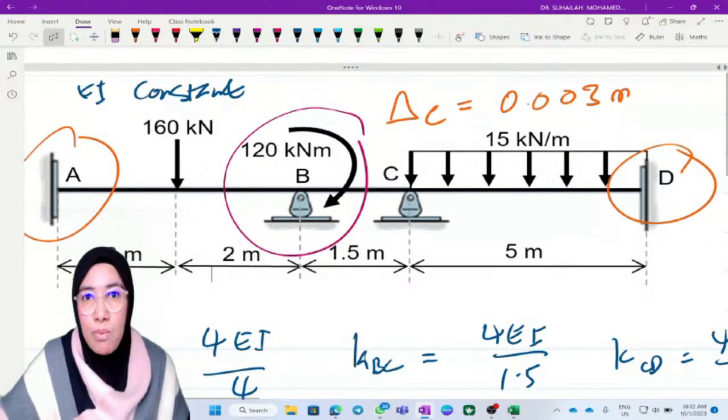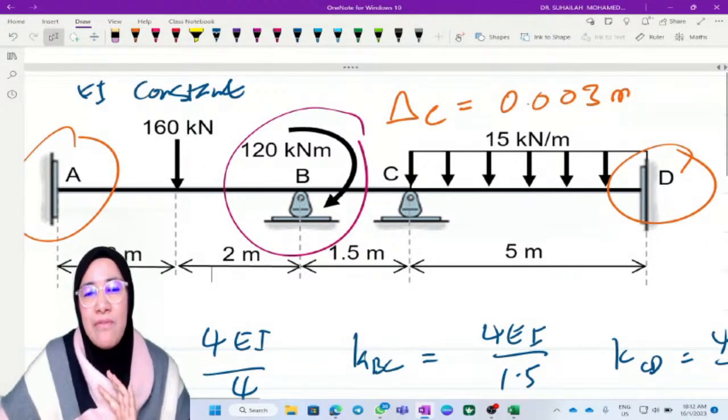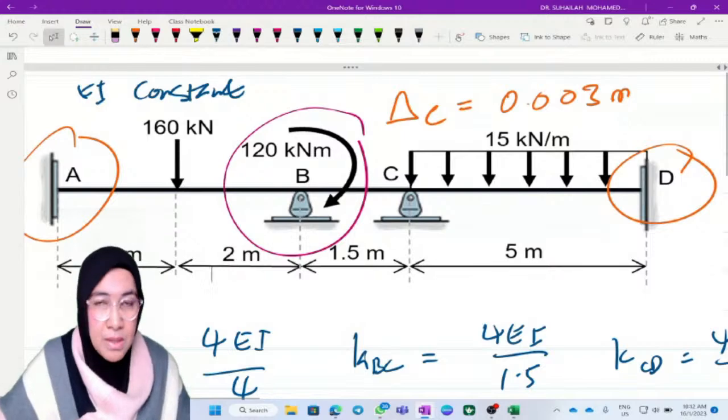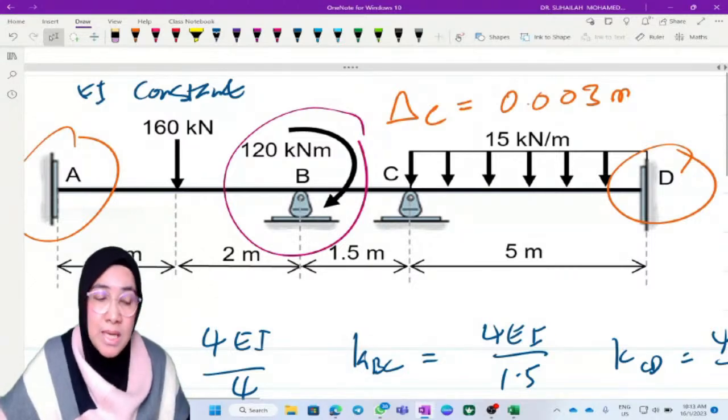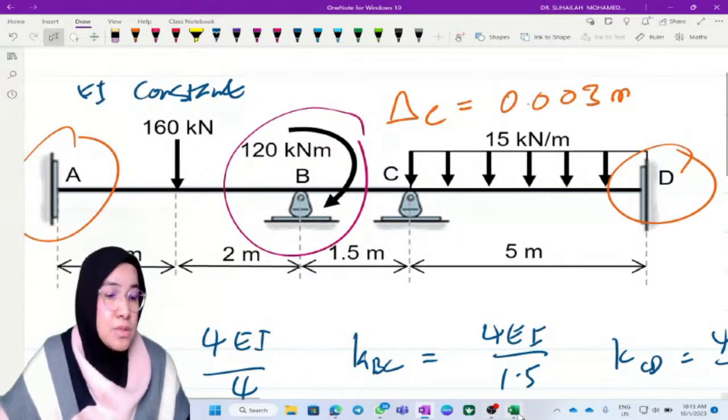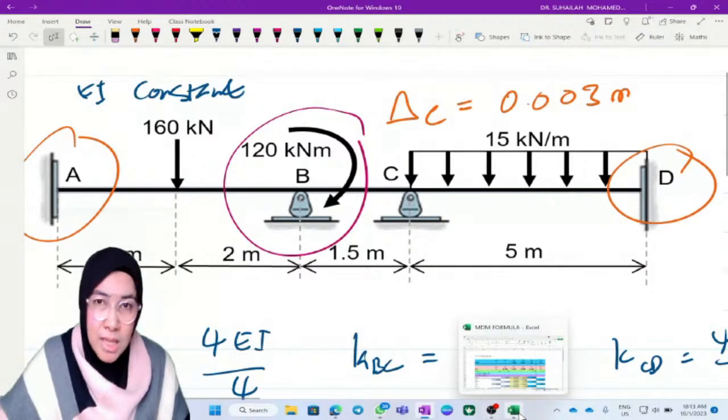For the fixed end moment that we calculated just now, we have to change sign when we distribute, but we don't need to do that for the joint moment 120. So I put 120 at joint B.